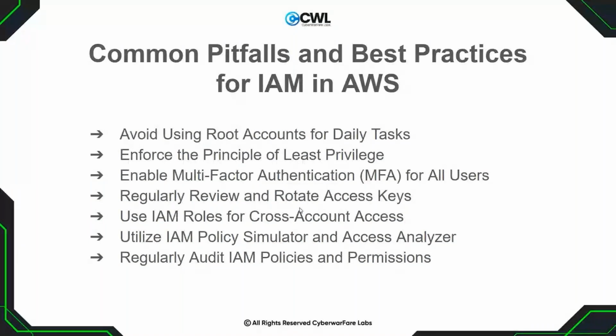This helps prevent potential misconfigurations. And the last one that we have is to regularly audit IAM policies and permissions. It is suggested to do regular audits of IAM policies to ensure that the permissions remain aligned with the current job functions and security requirements.